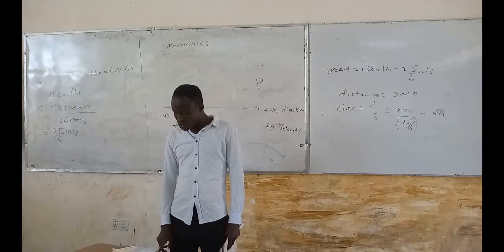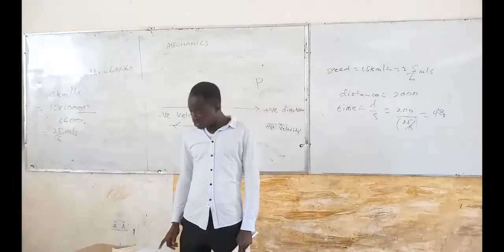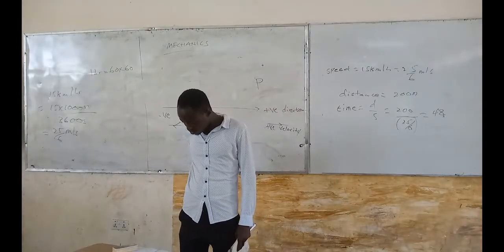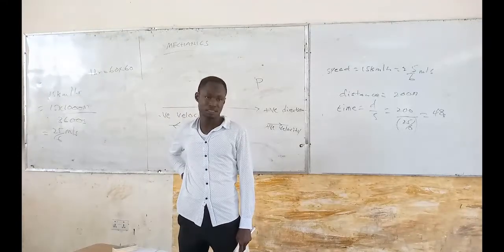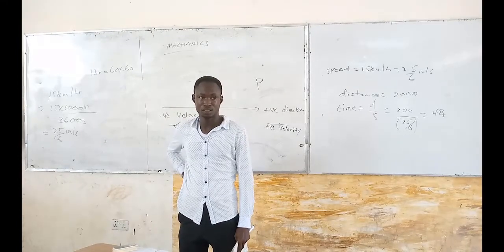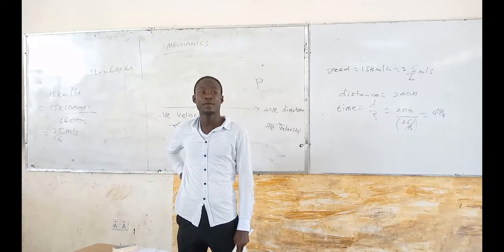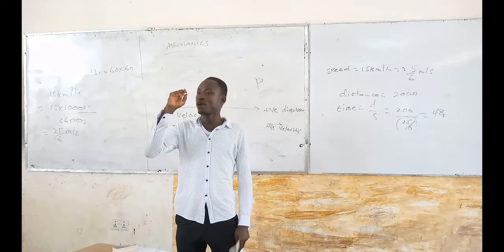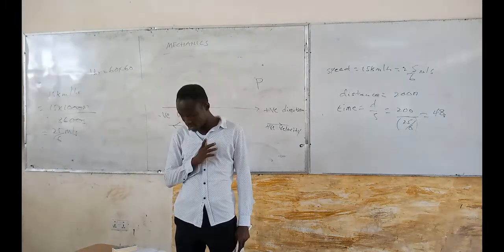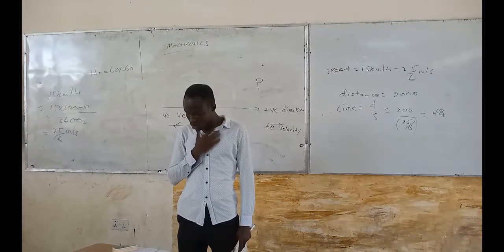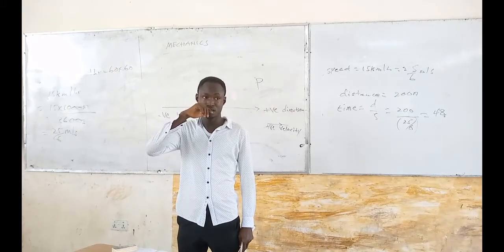With a velocity of 120 paces per minute. Meaning, every minute we have 120 paces. Now, what do you see? With a velocity of 120 paces per minute, due north.